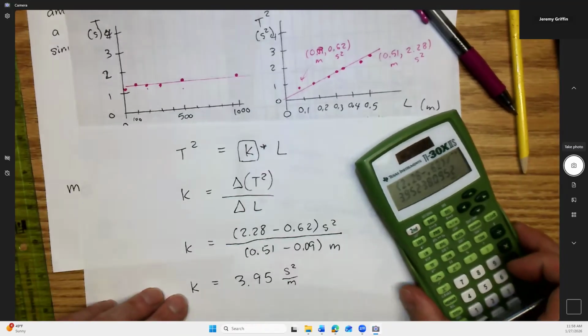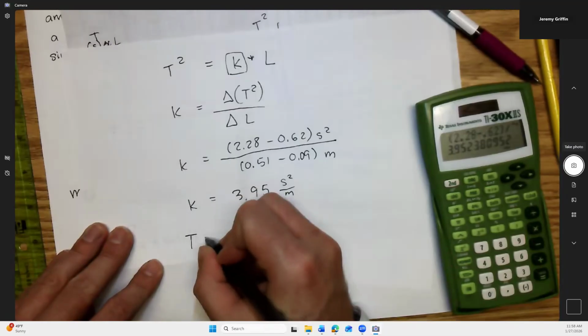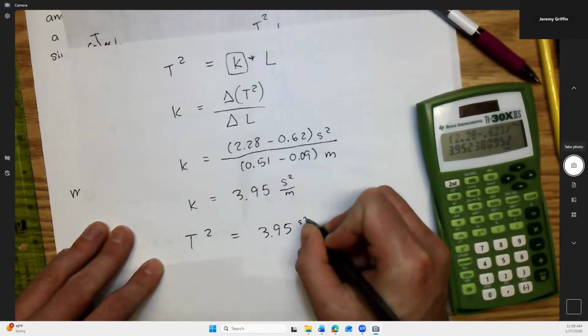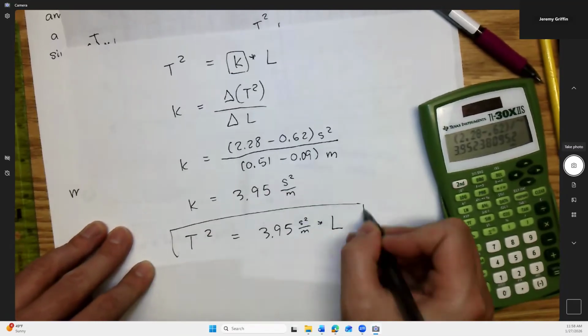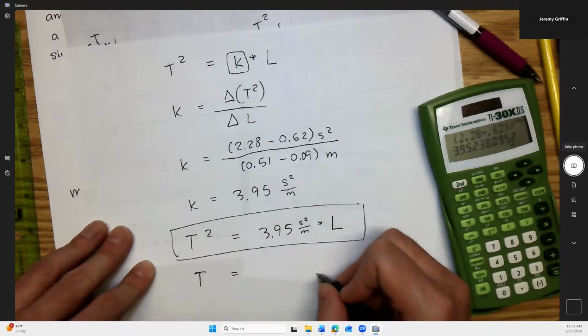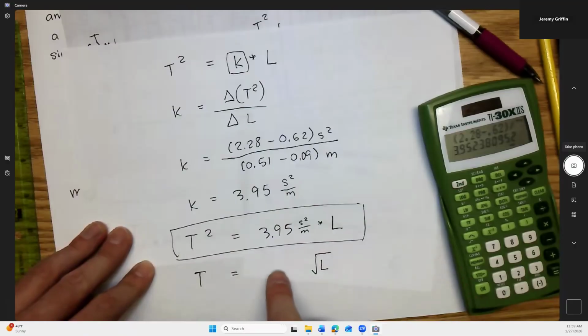So the exact equation is time period squared is equal to 3.95 square seconds per meter times length. Or alternately, T equals something times the square root of L. Hey guys, how do I find this number right here?